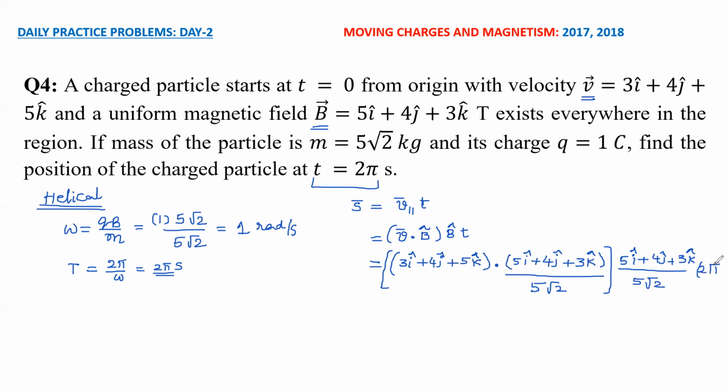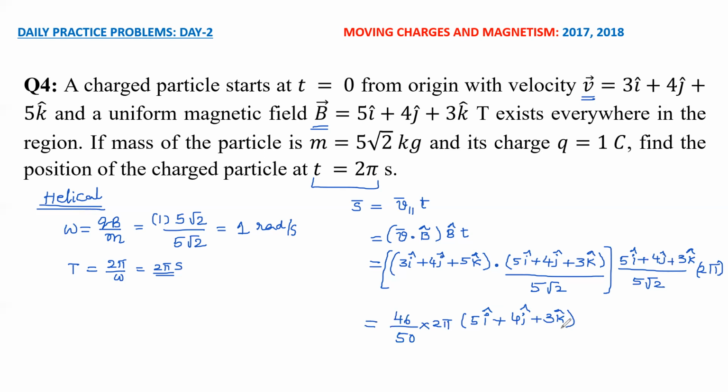So now we can easily get this. What we have here is 15 plus 16, which is 31, plus 15 again, so 46. 46 divided by 5 root 2 times 5 root 2, which will give us 50, into 2 pi, times 5i cap plus 4j cap plus 3k cap.